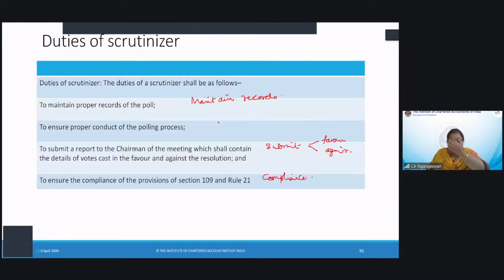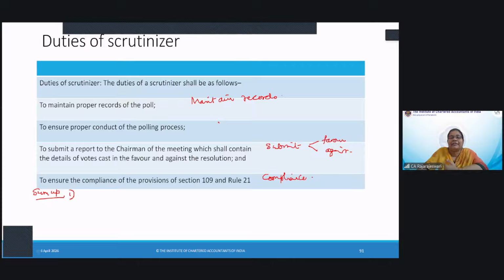So in law, if they ask you a descriptive question, you should remember the points that you have to write, and keep a summary. What I used to do is write it as a sum up session. So first one, now you have read a point: duties of a scrutinizer.